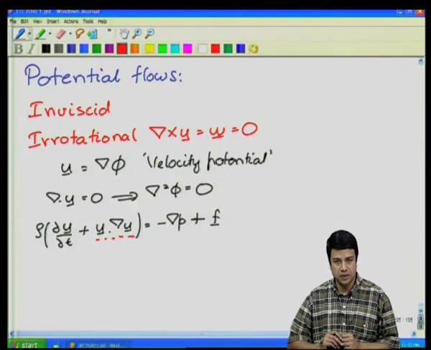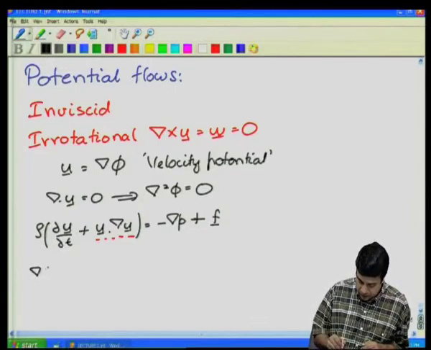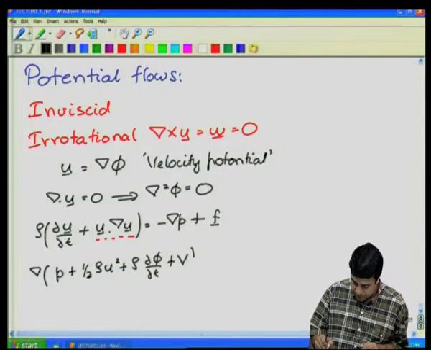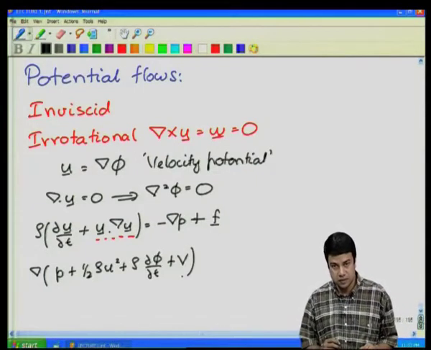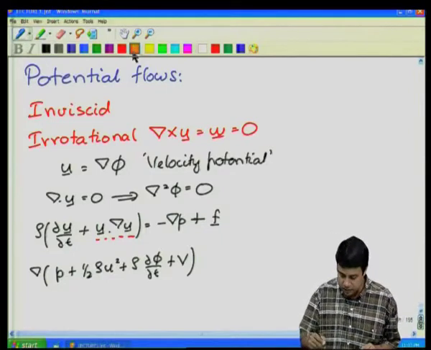And once we do that, we get an equation of the form the gradient of p plus half rho u square plus rho partial phi by partial t plus the potential. Here we are assuming that the force is given by the gradient of a potential.